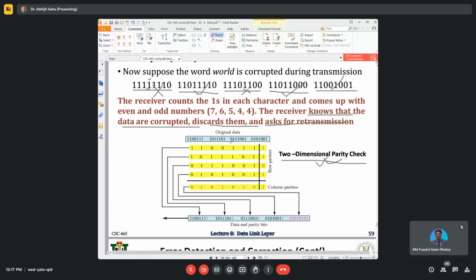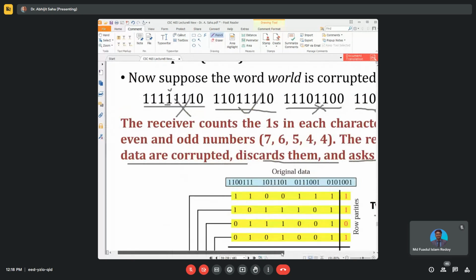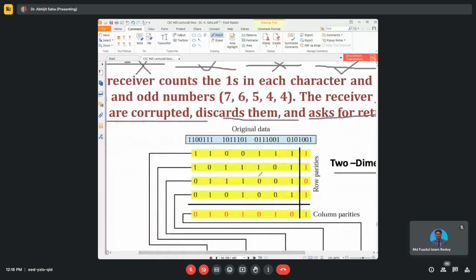Okay, so here this is my data. Let me make it a bit bigger. You can check here that we have this sequence of bits. So this is my original data.